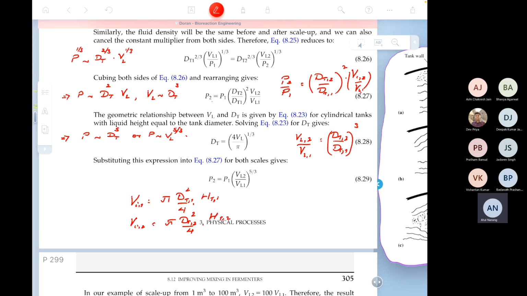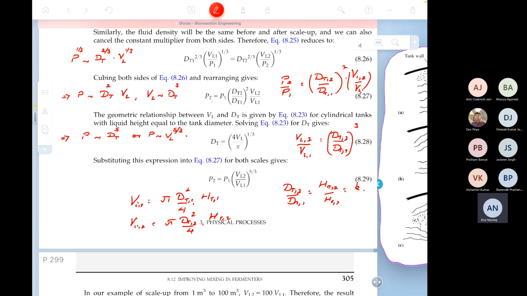Now, because dt2 over dt1 equals ht2 over ht1 equals K, you can easily see, just put ht2 equal to K times ht1 and dt2 equal to K times dt1, and you will find that the volume will increase as the cube of the size.